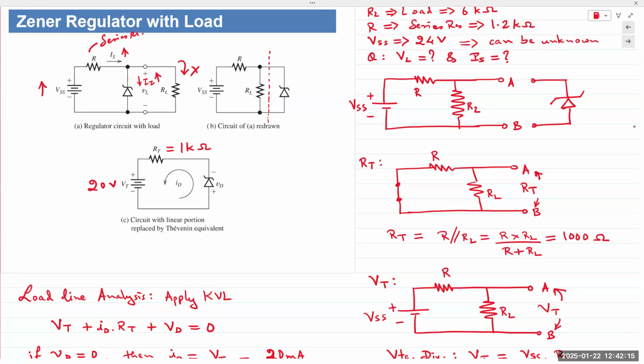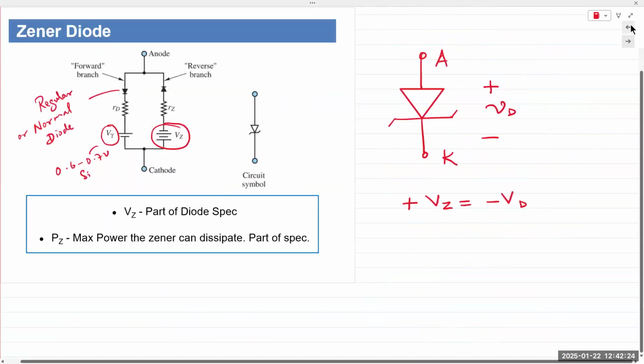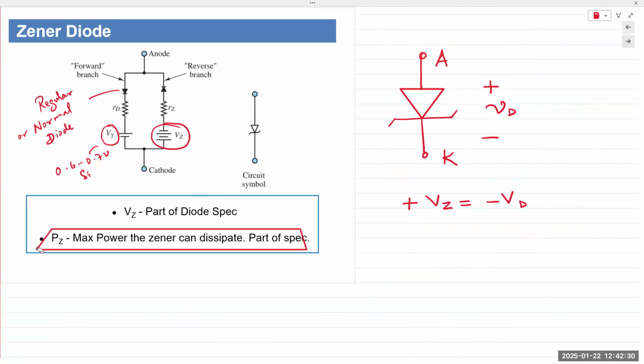So every Zener diode is spec'd with a power rating, which is what we pointed out here. When we buy a Zener diode, there is a power rating on it, and that is given as PZ.